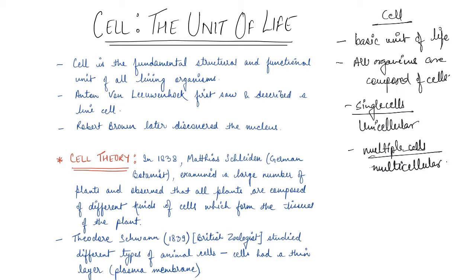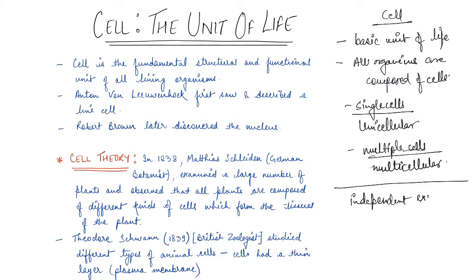Now, if we talk about unicellular organisms, organisms with just one cell are capable of doing everything. They are capable of independent existence, right? They can completely exist independently of anything.